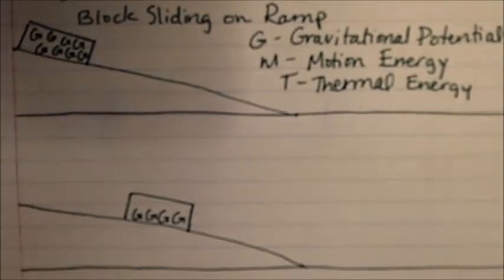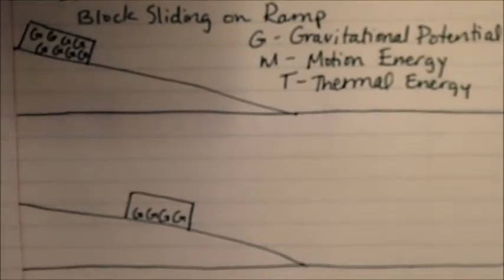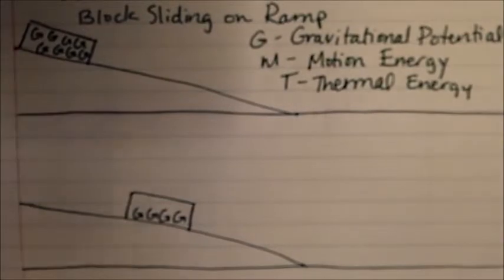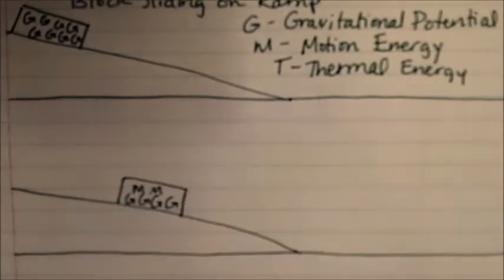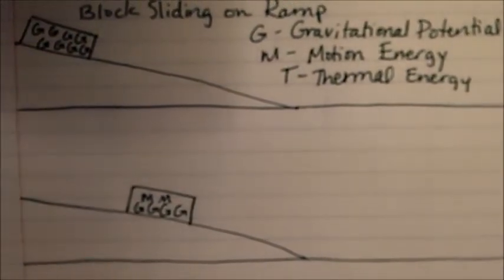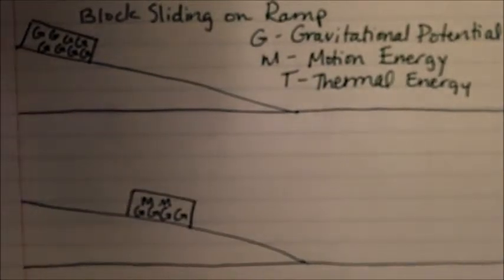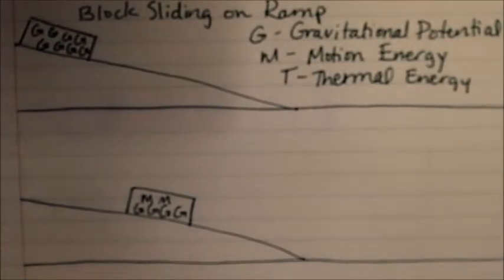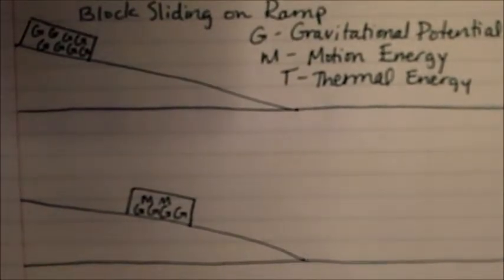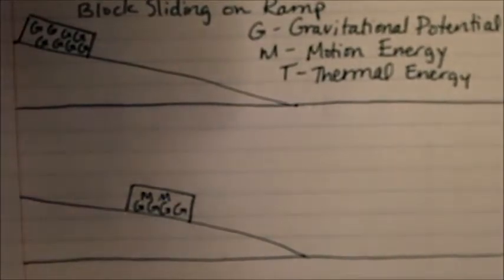So what have they changed to? First of all, we know that our block is moving, so it's going to have some motion energy. And we're going to go ahead and put in an M and an M, because this has started moving. But I'm not putting in all M's, because as our block is sliding down the ramp, there's contact between the surface and the block, and through that contact there's a rubbing, and that rubbing makes sure that thermal energy actually goes out onto the ramp.